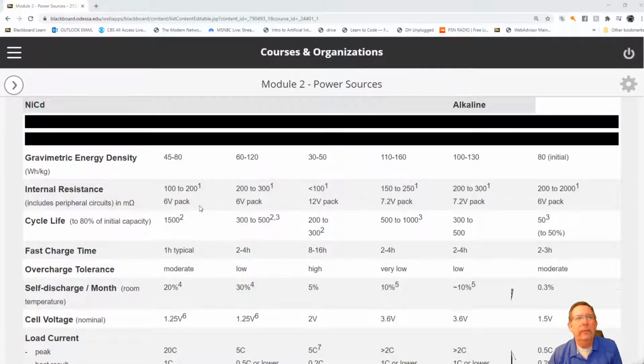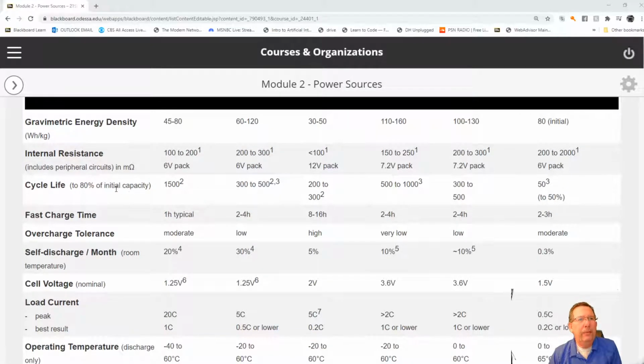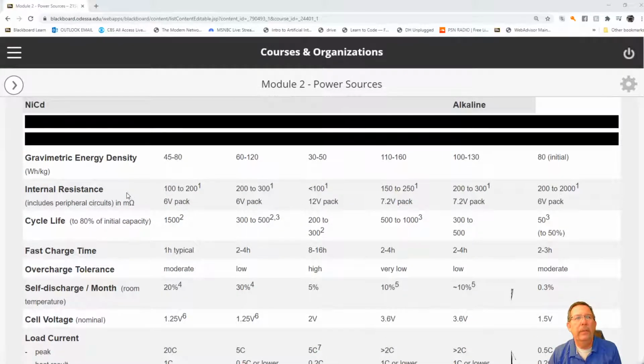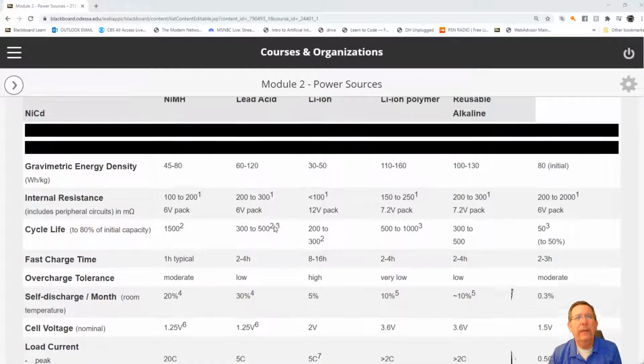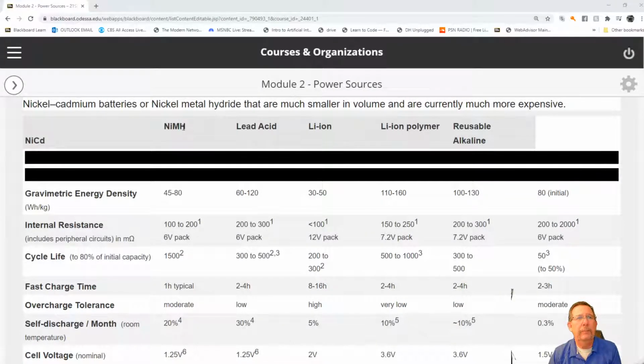The life cycle, which is probably more interesting, is the life cycle to 80% of initial capacity, basically when you recharge them: 1500, 300 to 500, and so on for nickel metal hydride, lead acid, lithium polymer, reusable alkaline.